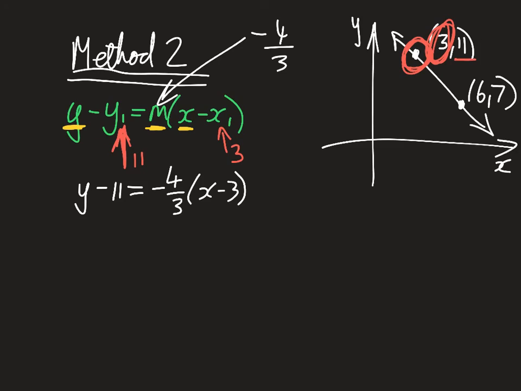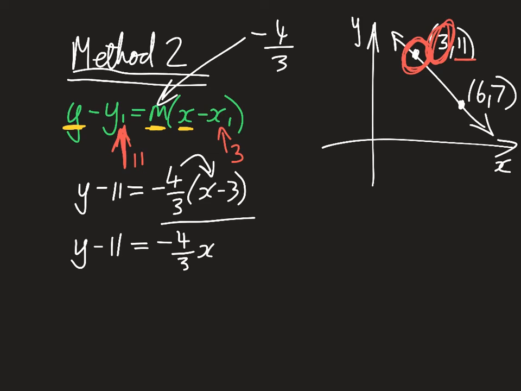What I'm going to do is expand this side of the equation. Let's do that first. All right, so on this side of the equation, I've still got y minus 11 equals, now minus 4 over 3 times x, so we multiply whatever's outside of the brackets with the x. We end up with minus 4 over 3x.